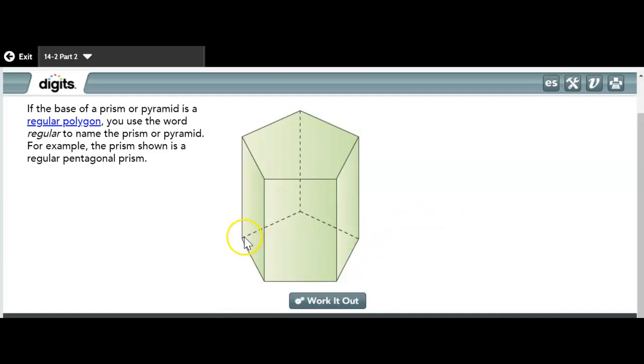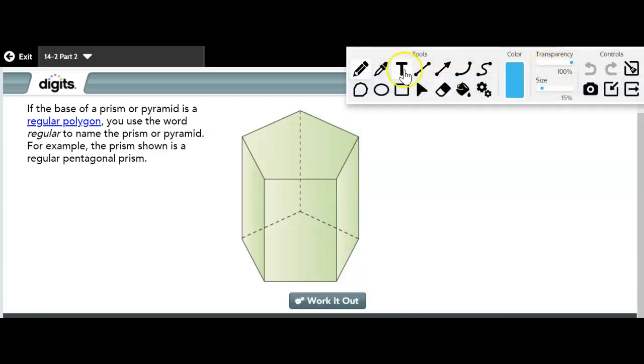This is pentagonal because it has 1, 2, 3, 4, 5-sided shape as its base. And it is regular because these side lengths are equal to each other, and the angles are equal to each other.